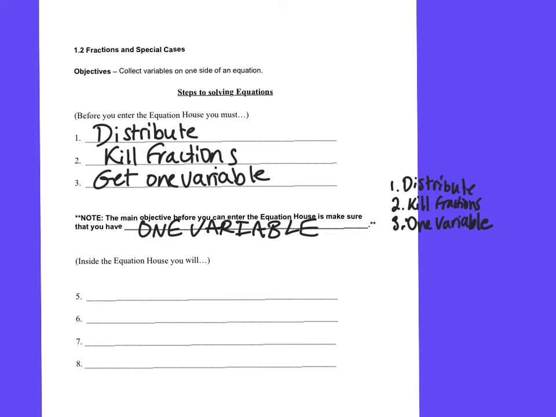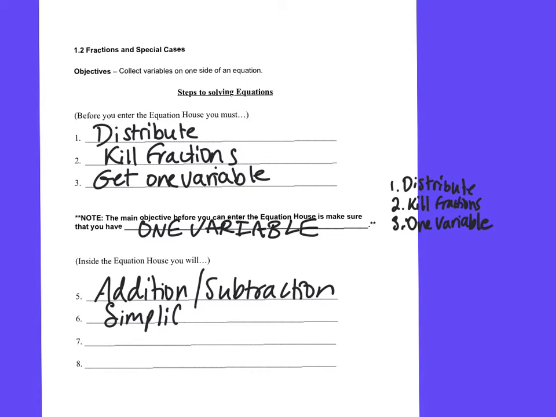Once you do that, you can enter the house. And there are different levels of the house. The first level is going to be addition and subtraction, like we've talked about. Then we've got to simplify. This is an added step, but it makes your life easier when you're simplifying as you go rather than just waiting until the end to do it.